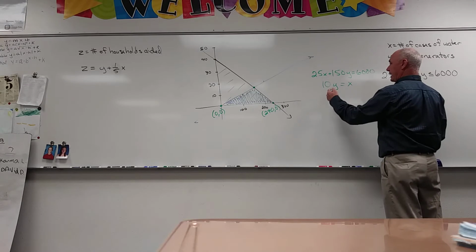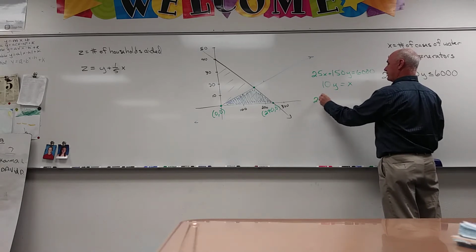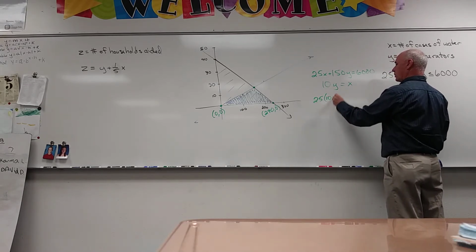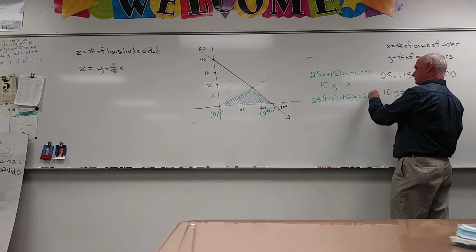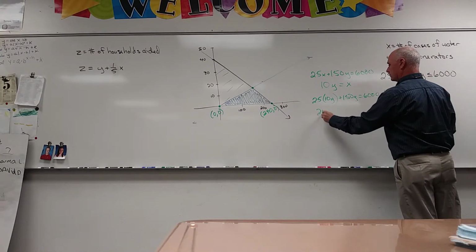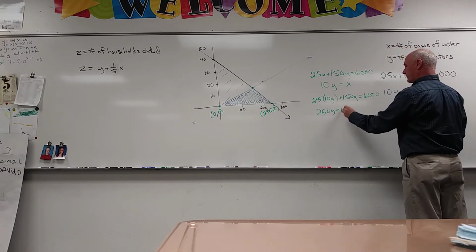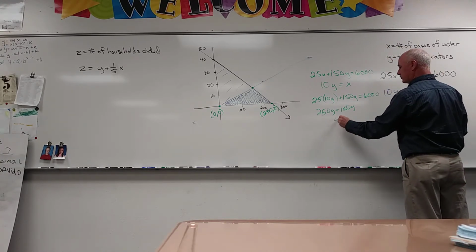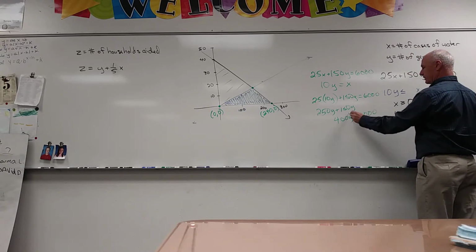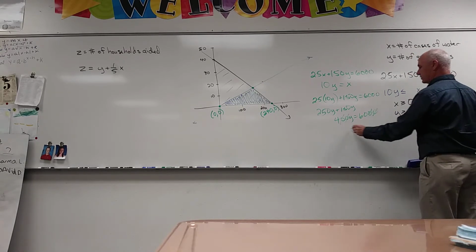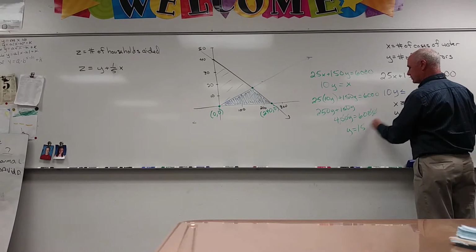So let's go to the x and put in 10y, so 25 times 10y plus 150y equals 6,000. 250y plus 150y equals 6,000. So 400y equals 6,000. Cancel 2 of the zeros. 4 goes into 60 15 times.